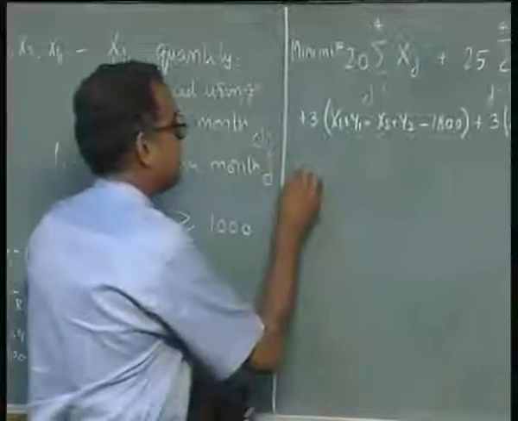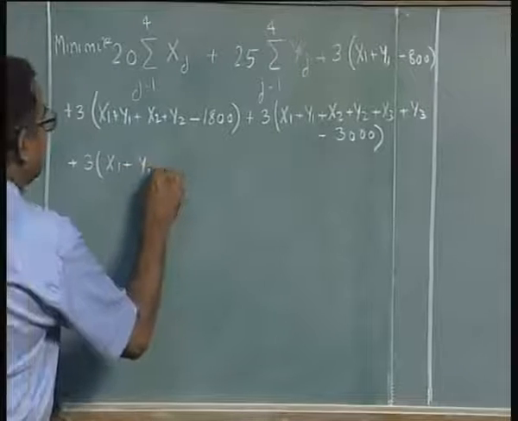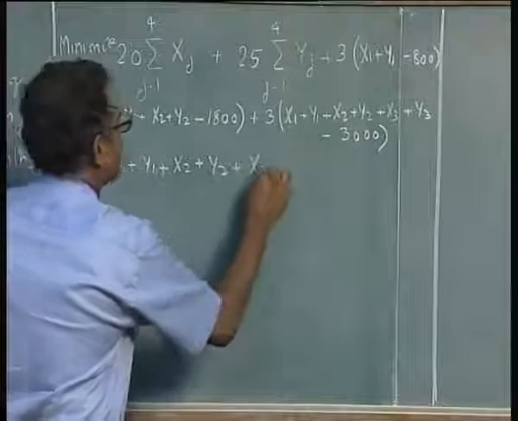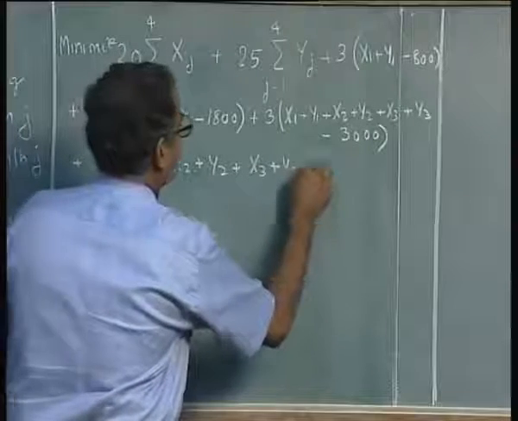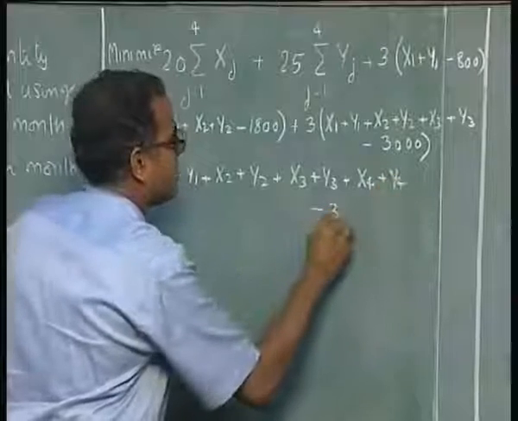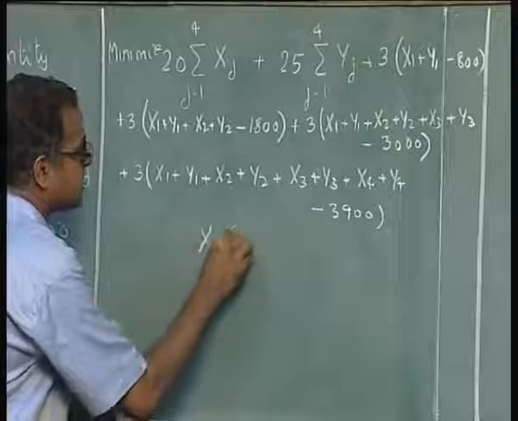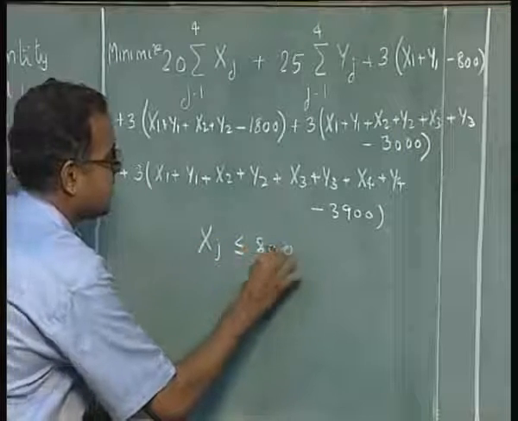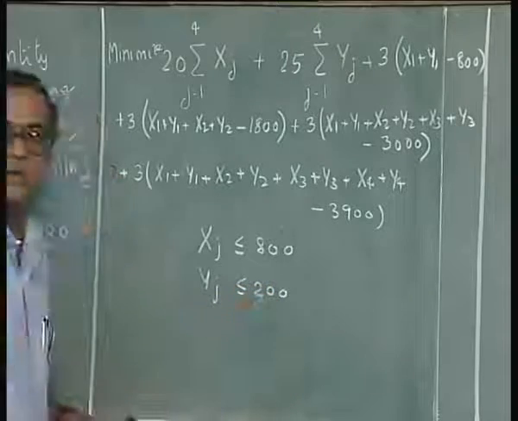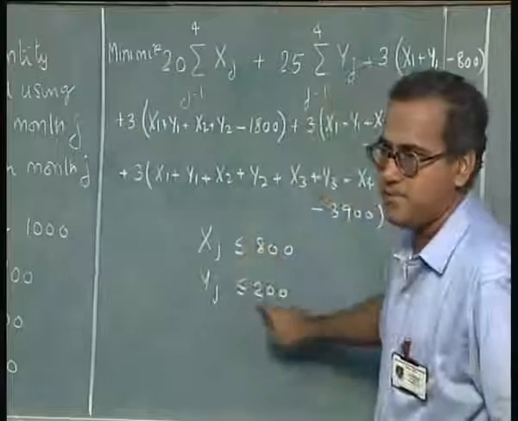You will have a fourth term, which is this x1 plus y1 plus x2 plus y2 plus x3 plus y3 plus x4 plus y4 minus 3900. You will continue to have these 2 constraints, xj less than or equal to 800, yj less than or equal to 200. So you will continue to have these 2 constraints as well.